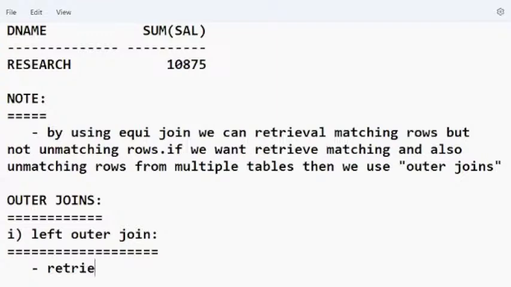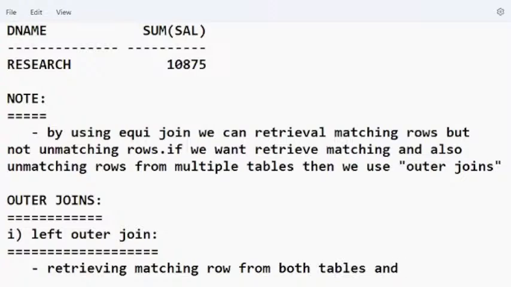It retrieves matching rows from both the tables, and unmatching rows from left side table only.